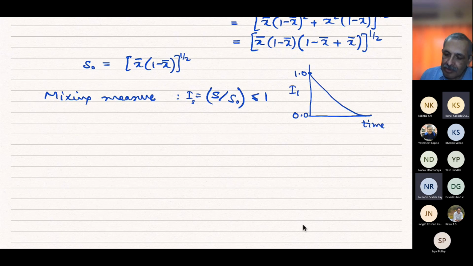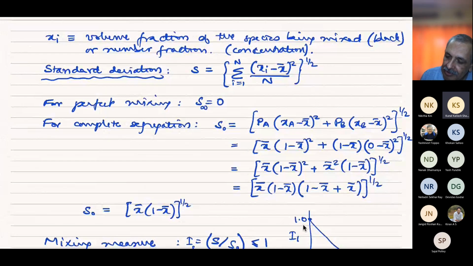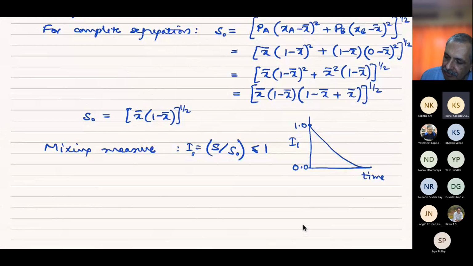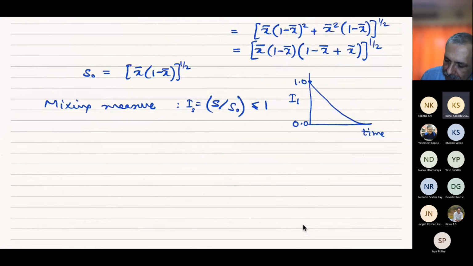Okay. So this is one thing. And in the next class, I'm going to tell you a little bit more, because since we take finite samples, your S infinity is never quite 0. This particular measure is called the intensity of segregation.